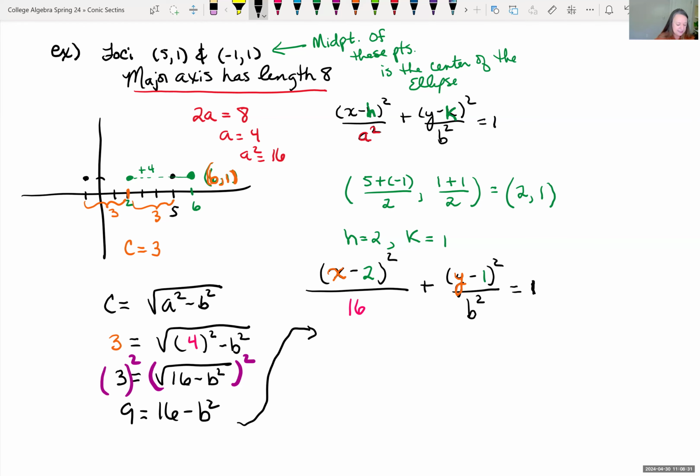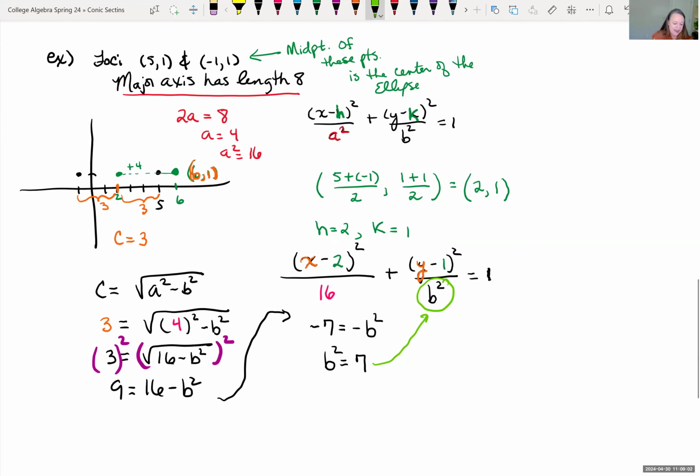Let's subtract 16. So 9 minus 16 is negative 7 equals negative b squared. Divide through by negative 1, I get b squared is 7. Technically, notice I only need to know what b squared is. I can figure out what b is, take the square root of both sides, and from my center I'd go up and down that value to get the graph. But b squared is 7.